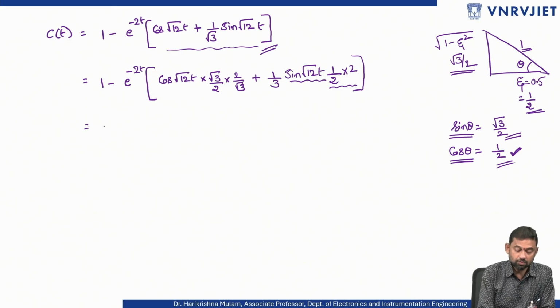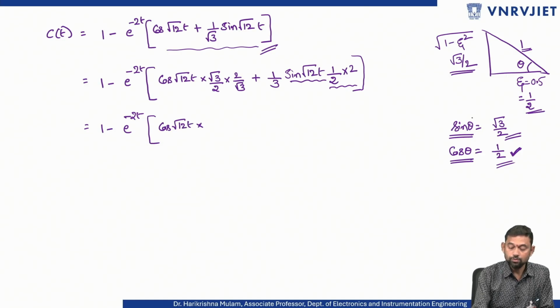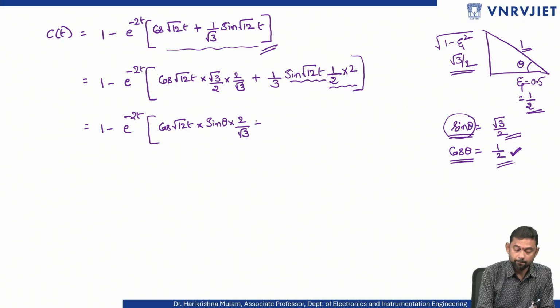Okay. So now this is equal to 1 minus e power minus 2t into cos root 12t into square root of 3 by 2 is written as sine theta into 2 by root 3 plus sine root 12t is there.